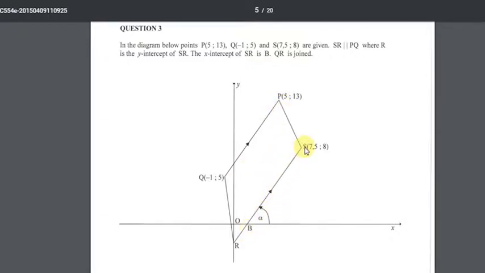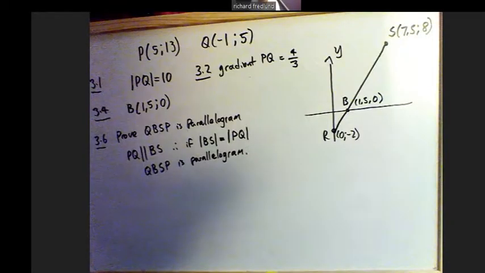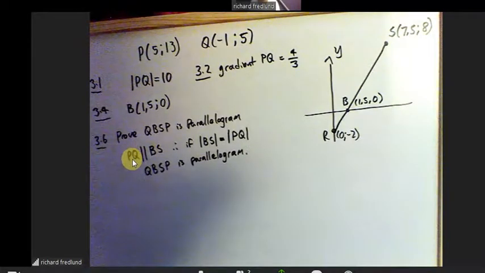So if the length BS is the same as the length PQ, this is going to be a parallelogram. So if PQ is parallel to BS, therefore if the length of BS is equal to the length of PQ, QBSP is a parallelogram.